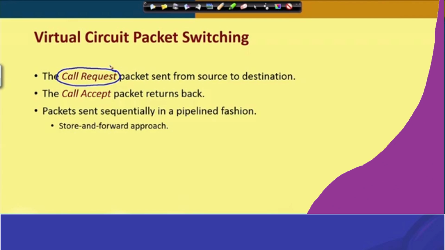Once the virtual circuit has been established, an acknowledgement packet will traverse along the same path back. This is called a call accept packet, so that the sender and all the intermediate nodes will know that the circuit has been established. Now, the packets can flow sequentially one after another in a pipeline fashion using the store and forward approach. This is how virtual circuit will work.